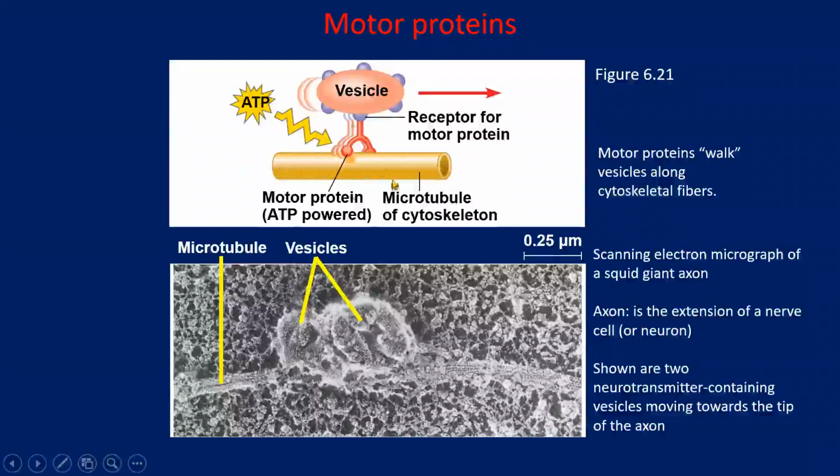What you see is the microtubule, and these are the motor proteins, which have kind of legs, and the motor protein is carrying the vesicle. The motor protein uses energy from ATP, and ATP is hydrolyzed into ADP plus Pi, and with that energy, the motor protein can walk along this microtubule, and by walking from one point to another, it can carry these proteins inside the vesicle from one point to the other.